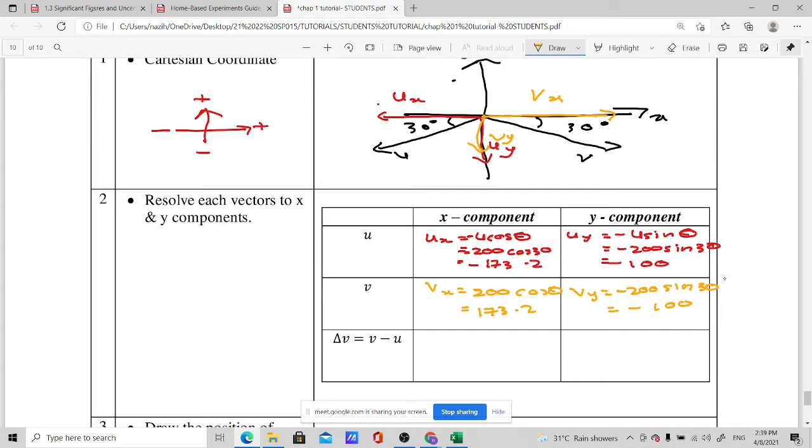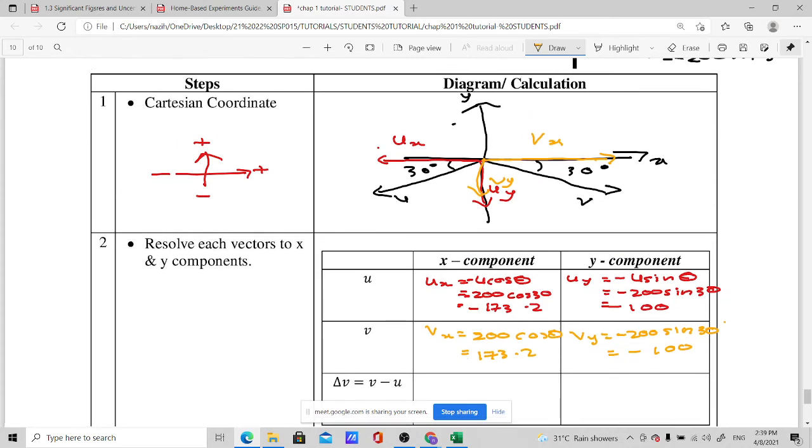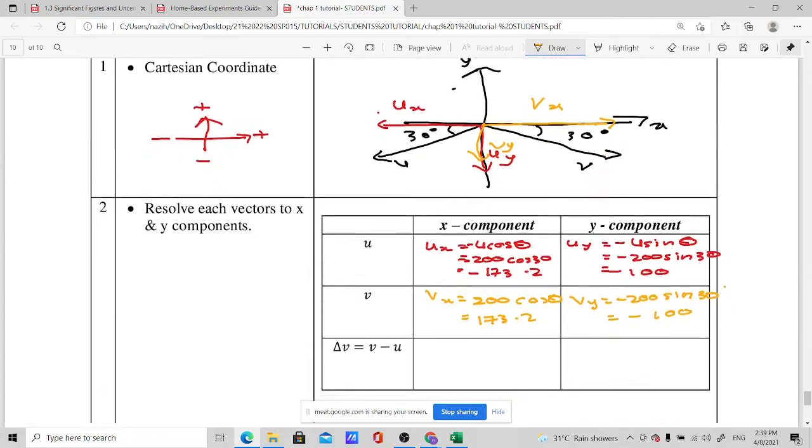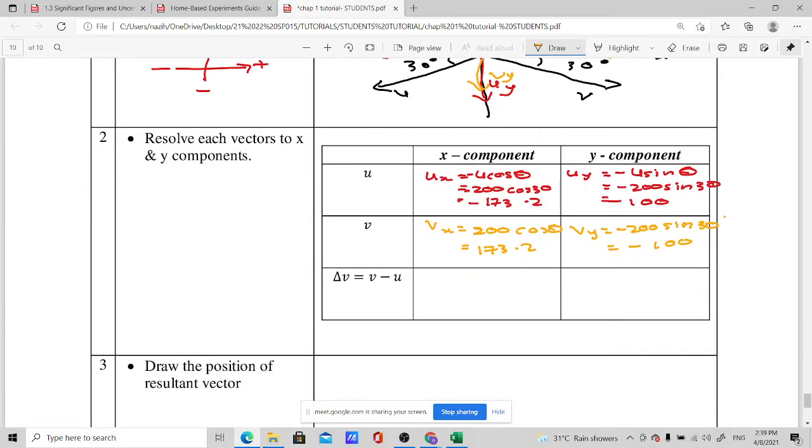It's stated here they want the change in velocity. For change in velocity, the formula is given, so you just subtract. Negative 173.2 minus 173.2, you should get negative 346.4.